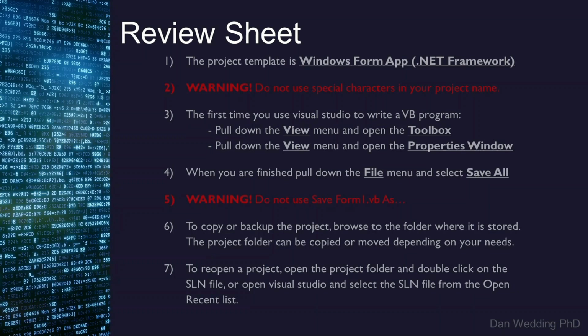Do not use Save Form 1 VB as. To copy or back up the project, browse to the folder where it is stored. The project folder can be copied or moved depending on your needs. To reopen a project, open the project folder and double-click on the SLN file. Or open Visual Studio and select the SLN file from the Open Recent list.